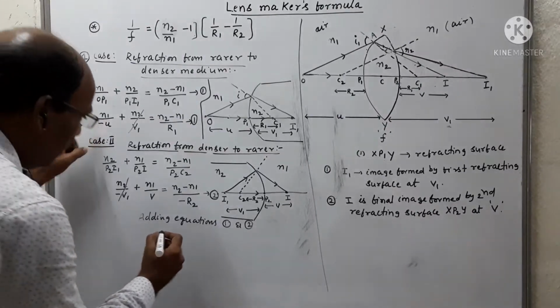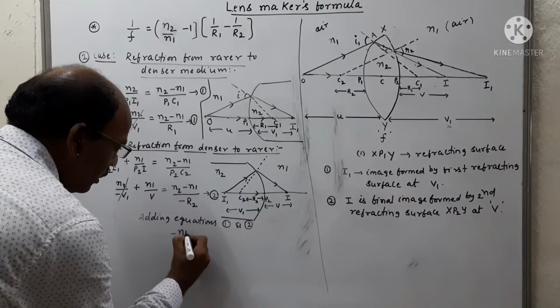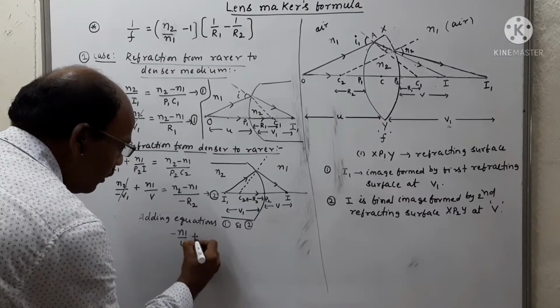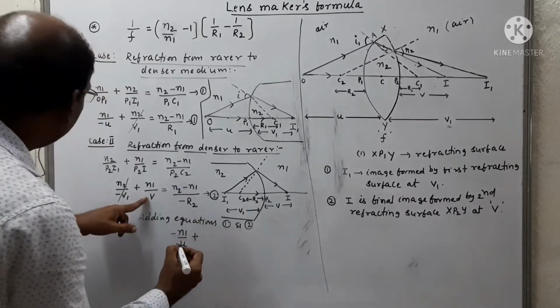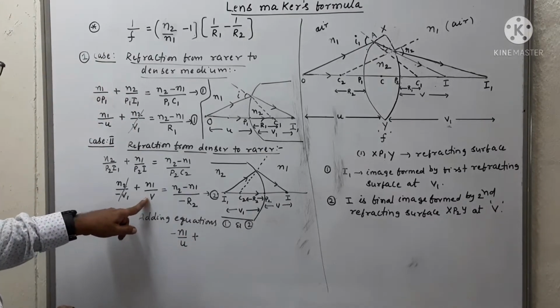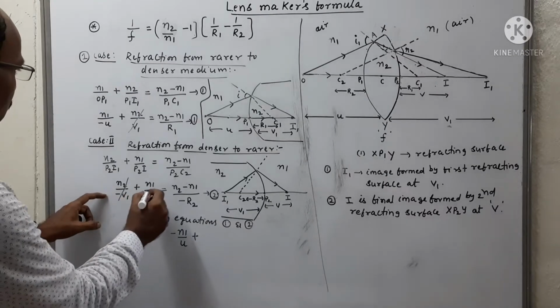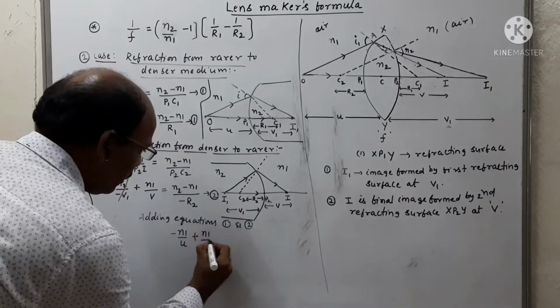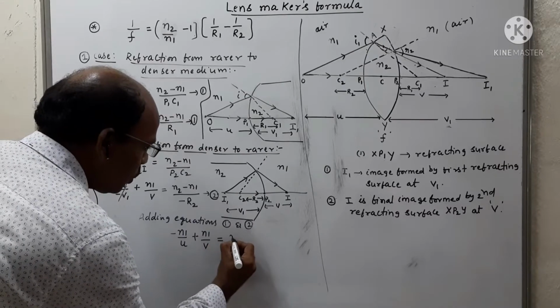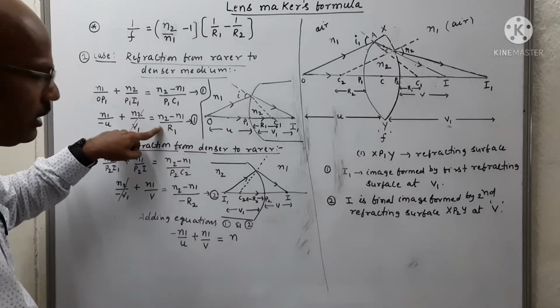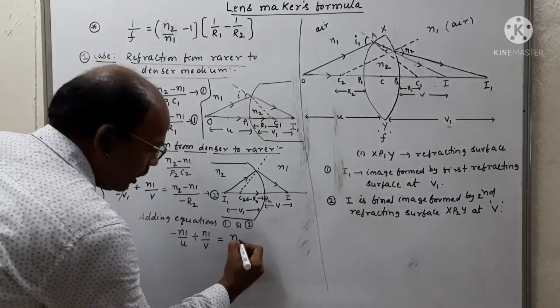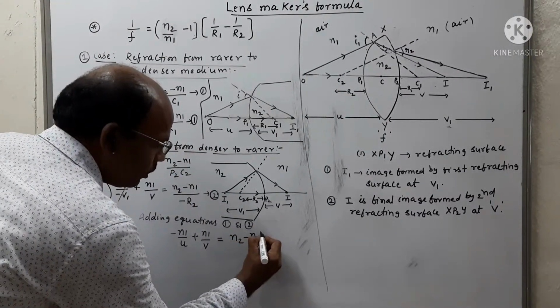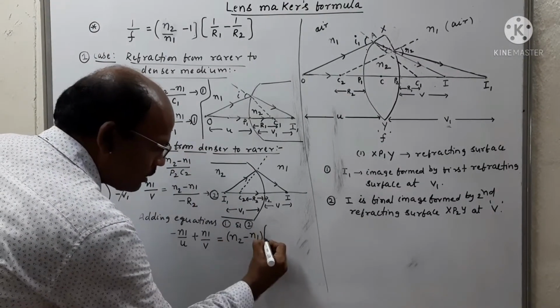We get minus N1 by U on the left hand side, plus N1 by V. Coming to the right hand side, N2 minus N1 is common.